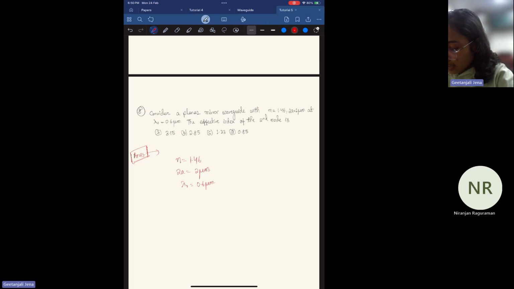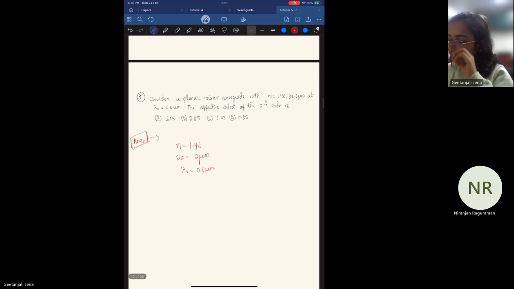Now the question is asking, what is the effective index of the second mode? So second mode means m equal to 2, and effective index, n effective, is beta over k0.